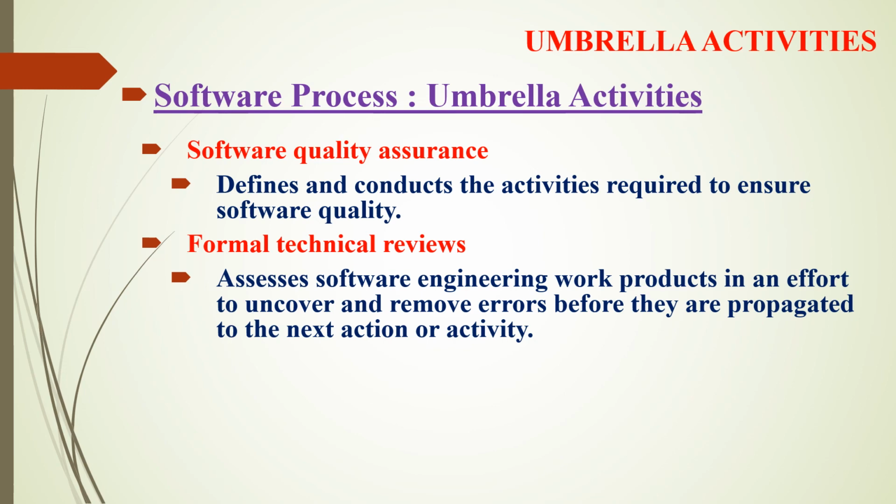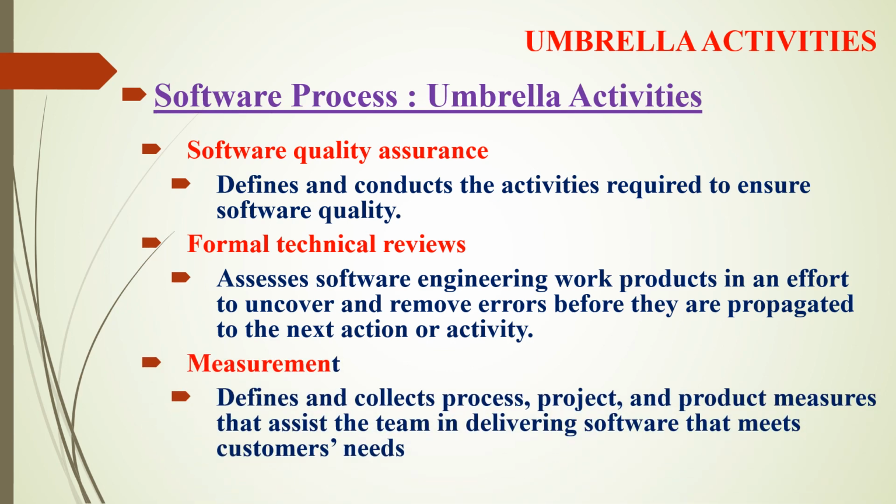What is the need for it? This will help us to find and remove errors. If we conduct these reviews then and there, it will be useful to find out the errors. Once we find the errors, we can easily remove them before they affect the further process. Next one is measurement.